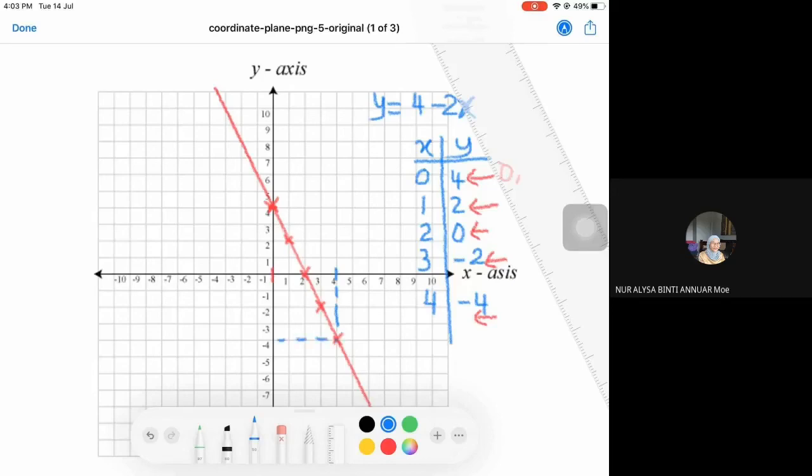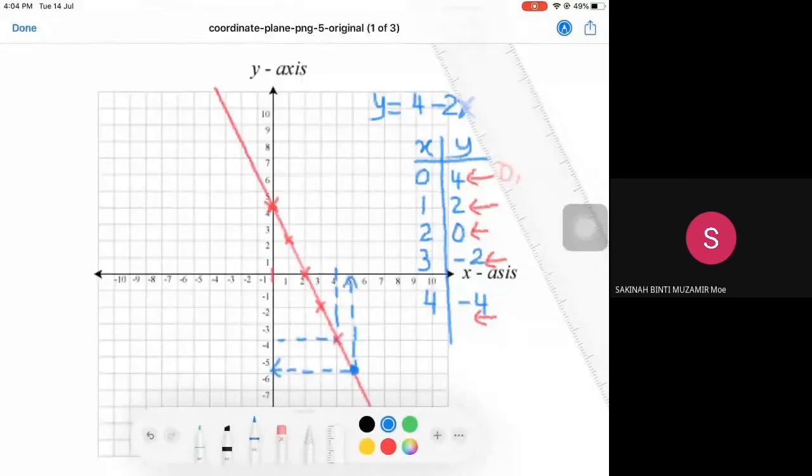X is 4, Y is negative 4. Cuba tengok X is 5 kat sini. Di atas graf ni, bila X is 5, what is the value of Y? Negative 6. You can just unjurkan or prolong the line. Right. X is 5, Y is negative 6.